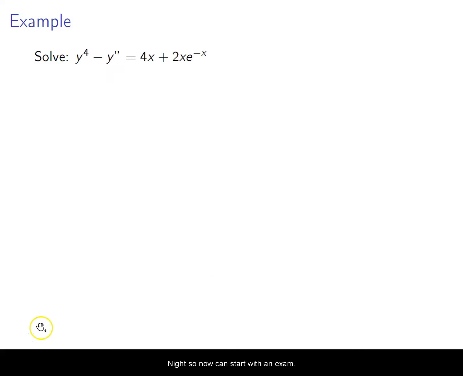Right, so now we can start with an example. So let's take y to the fourth order minus y double prime equals this polynomial g of x over here. So I'm going to take a little pause real quick, and I want you to guess, right? Write down, hopefully you are taking notes as we're going through this video, right? Don't just watch this video without taking notes.